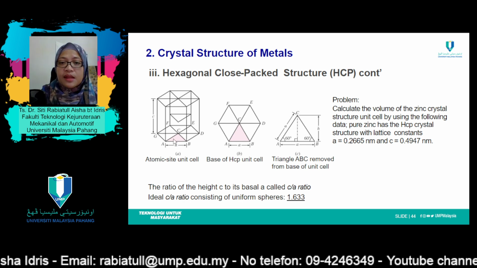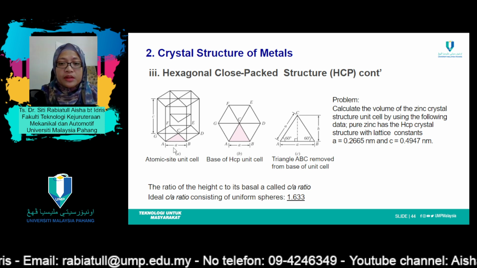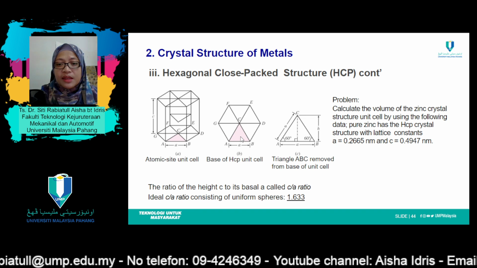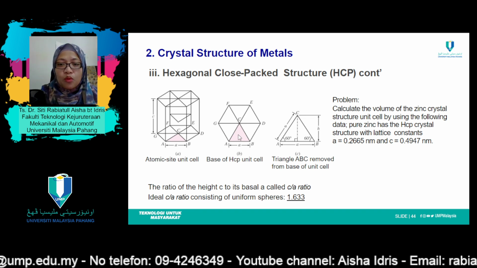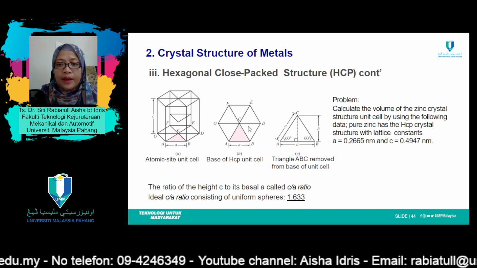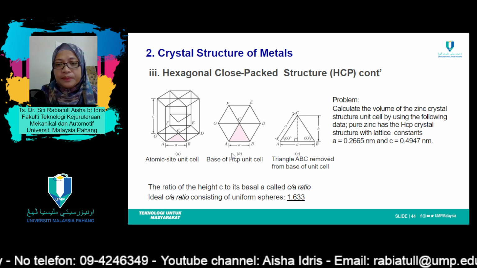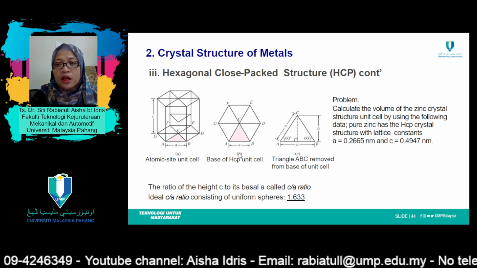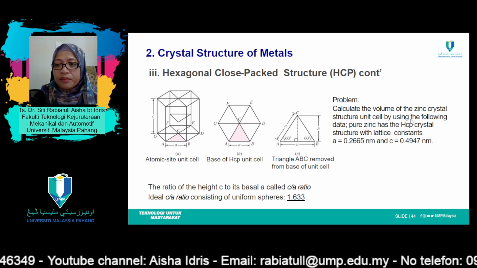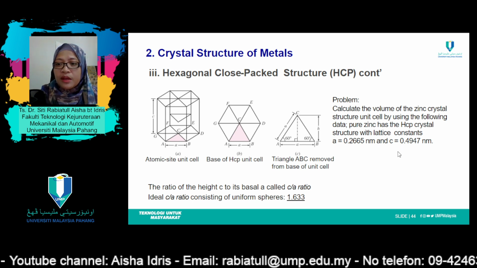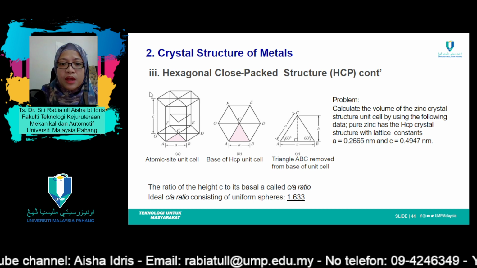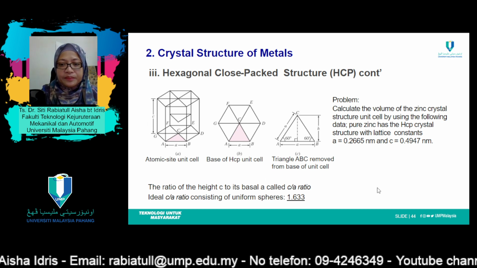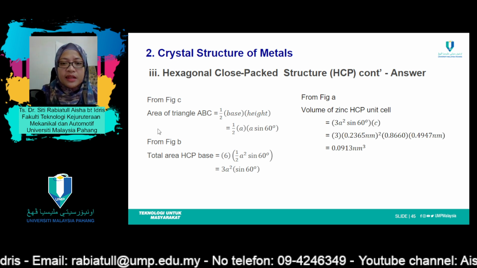After that, since this is a hexagonal crystal structure, you need to multiply by 6, because it has 6 triangles over here: 1, 2, 3, 4, 5, 6. Then to get the volume, you just need to multiply by its thickness, which is c.